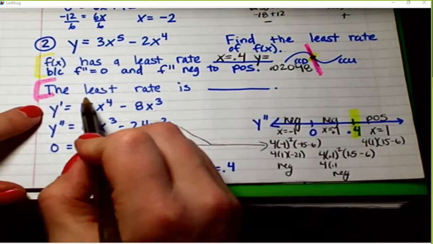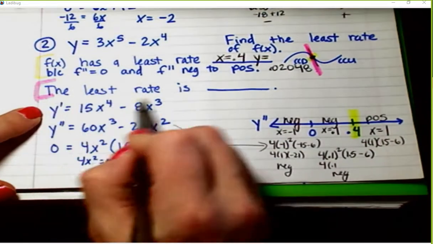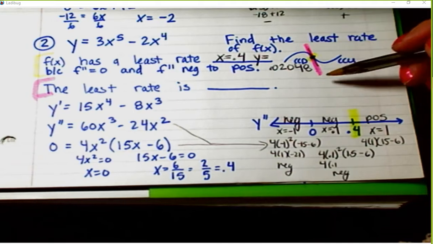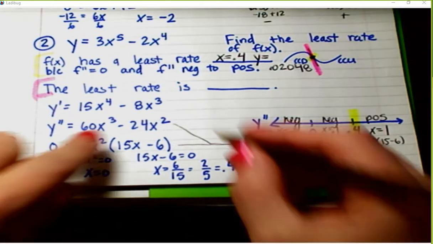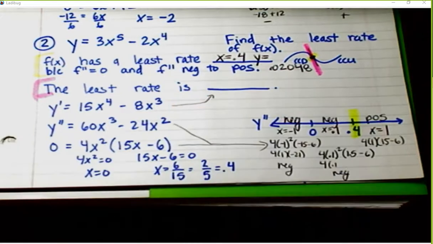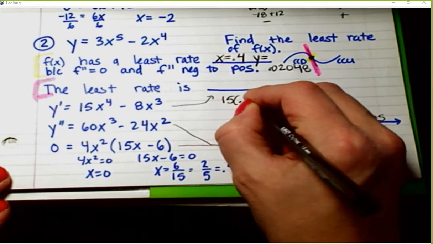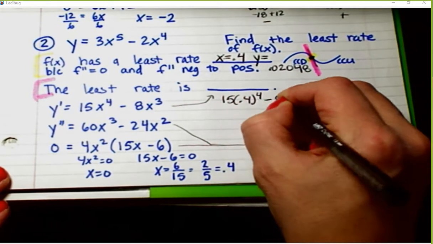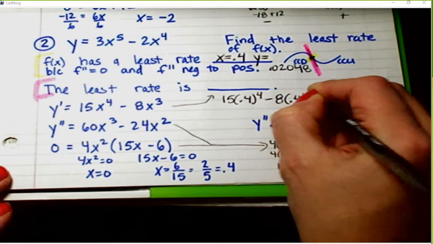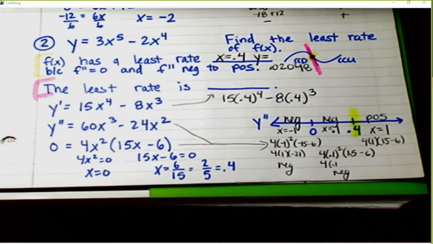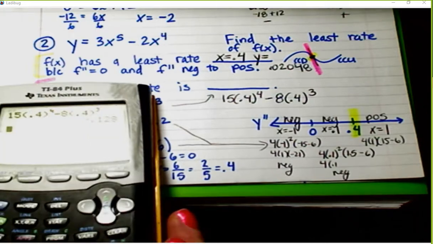So if you want the rate, that's the slope of the pink line. That is the y prime. So I'm going to plug in here. The actual slope is, okay, 15.4 to the fourth minus, yes, calculator, 15.4 power 4, 8.4 power 3, right?